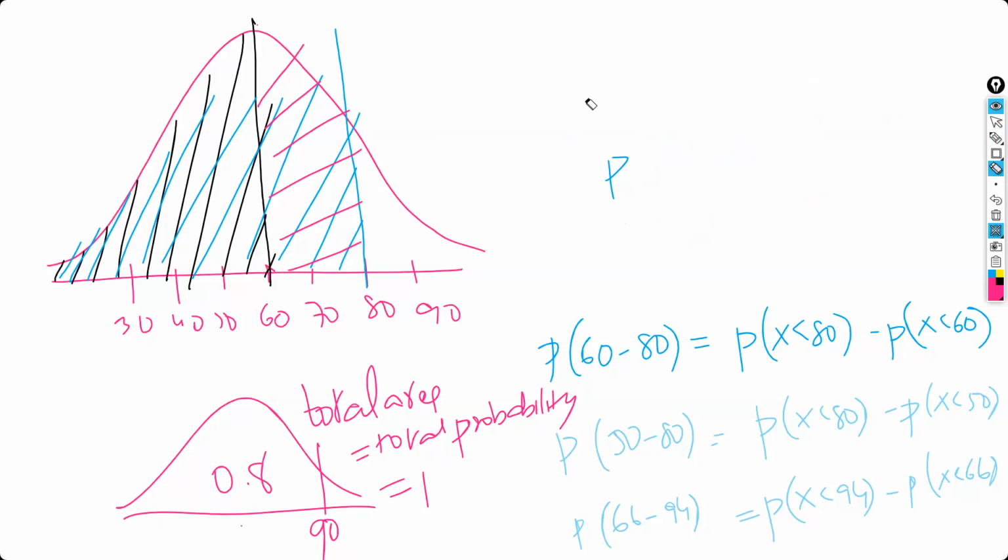Just now you told one number, 6 by 16. X less than 60, it is 6 by 16. Starting to 60, it is 6 by 16. Now, what is the probability of x greater than 60?